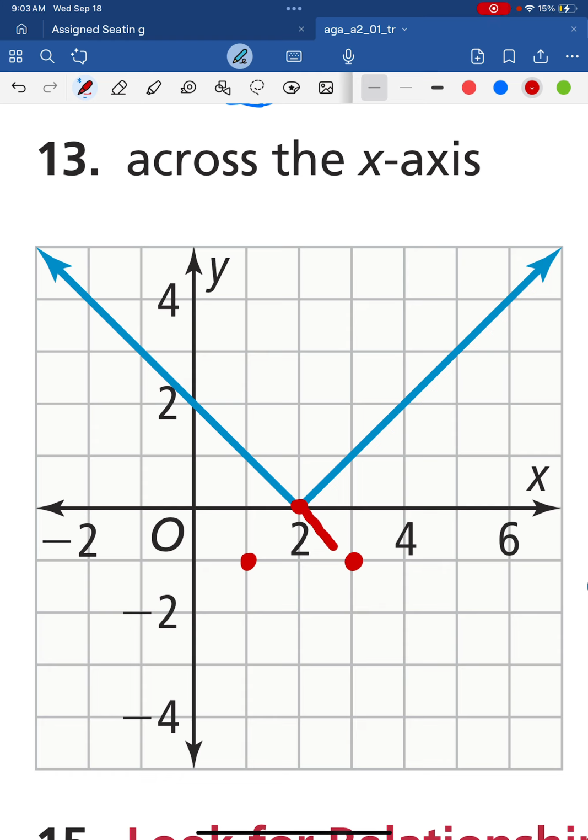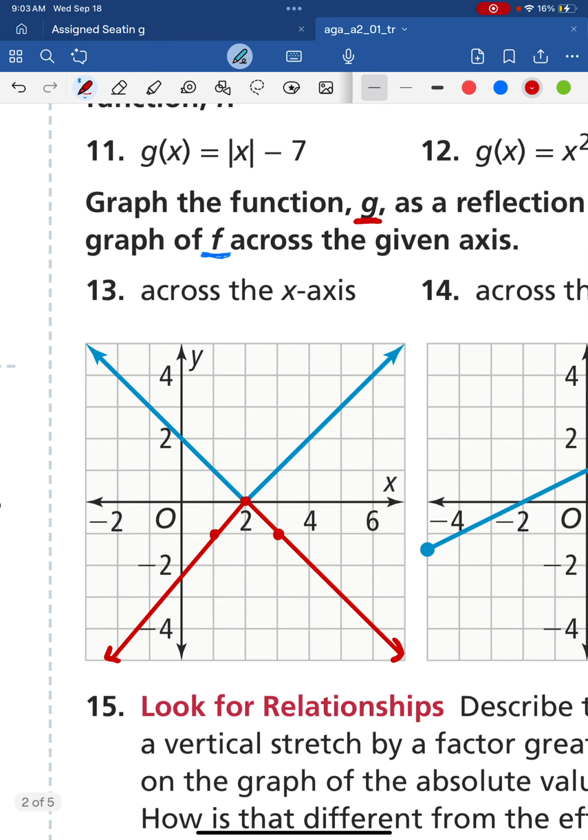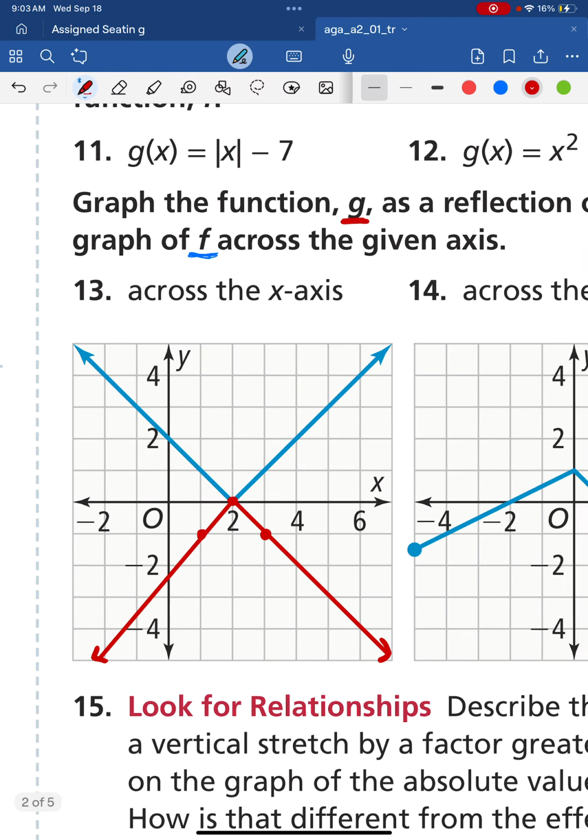So once you hit about 3 points, you can kind of see the trend and you can just carry it on. And this is a reflection of my function across the x-axis.